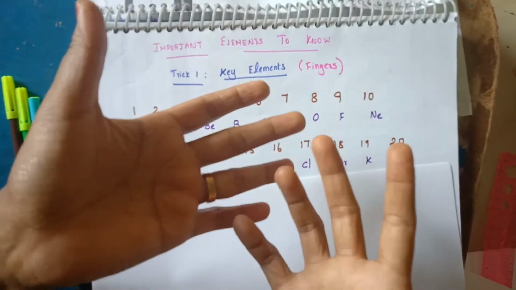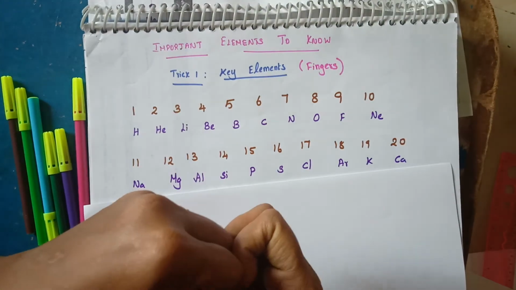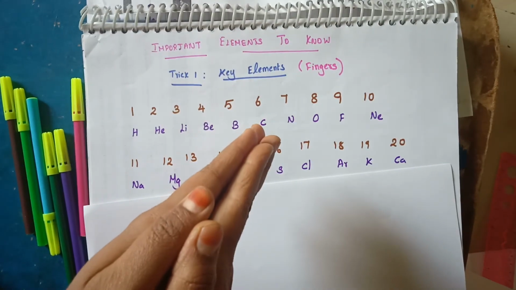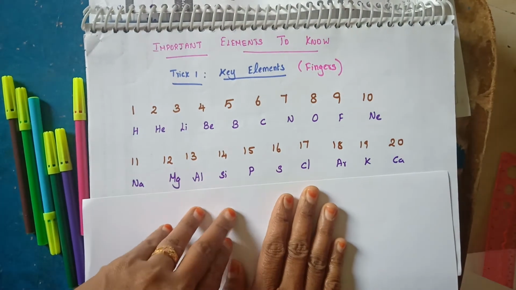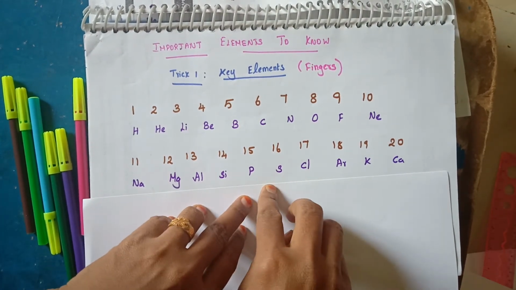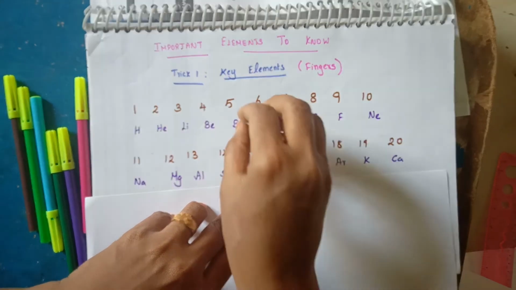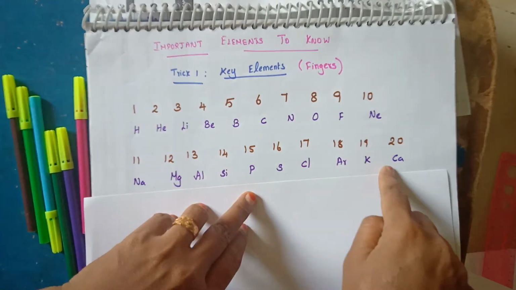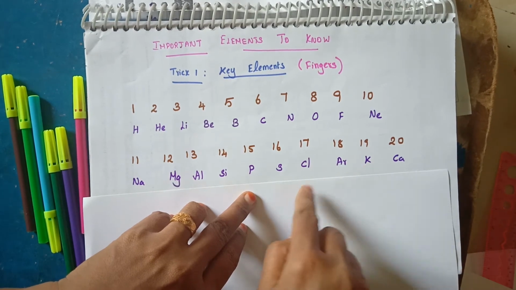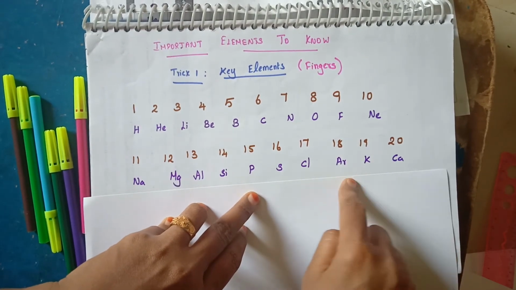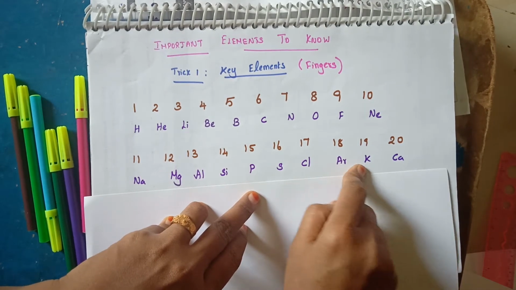So no need to worry about the atomic number. If you know the atomic number properly by using your fingers, it is easy to calculate the atomic mass also. Now press the pause button and repeat it twice or thrice. Then you will be fluent with elements 1 to 20. At least 1 to 20 elements you should know to approach chemistry.